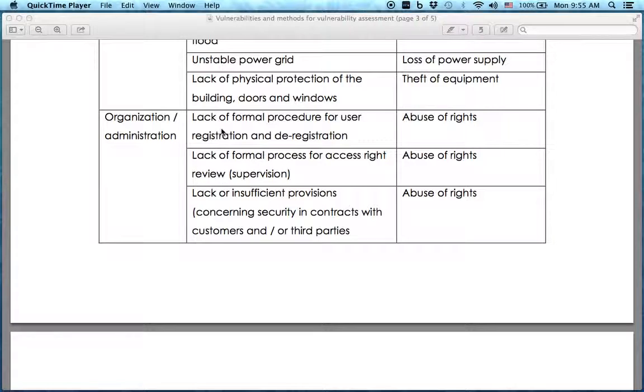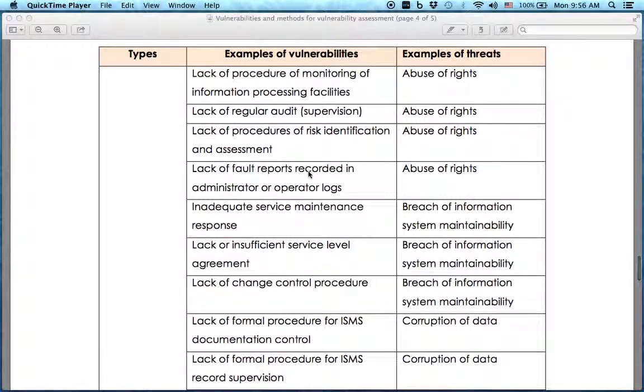The vulnerability is lack of formal procedure for user registration and deregistration, so the threat is abuse of rights. And next is a lack of formal process for the access right review, which we refer to as the supervision area. So the threat is abuse of rights. This is just for example only.